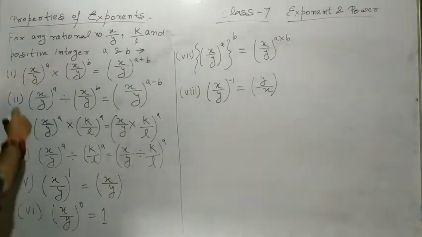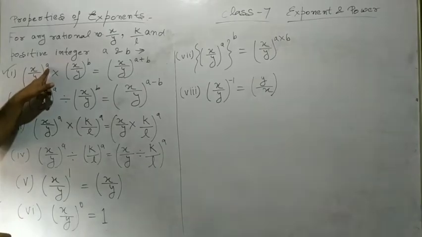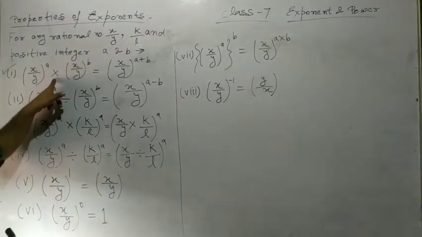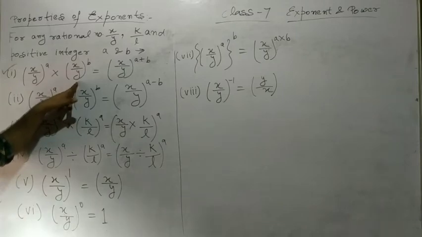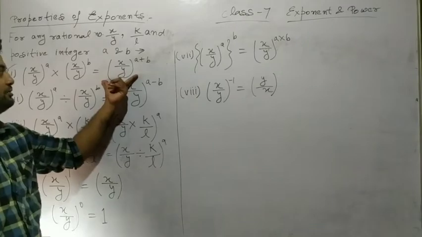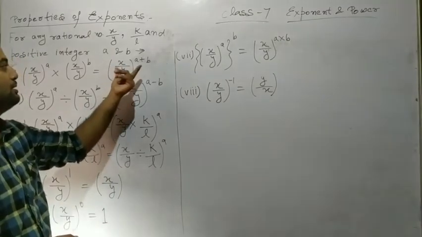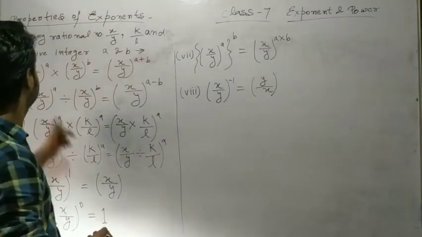First one is here: x upon y raised to the power a, when multiplied with the same number x upon y but raised to a different power b, gives the same base raised to the power of the sum of exponents.